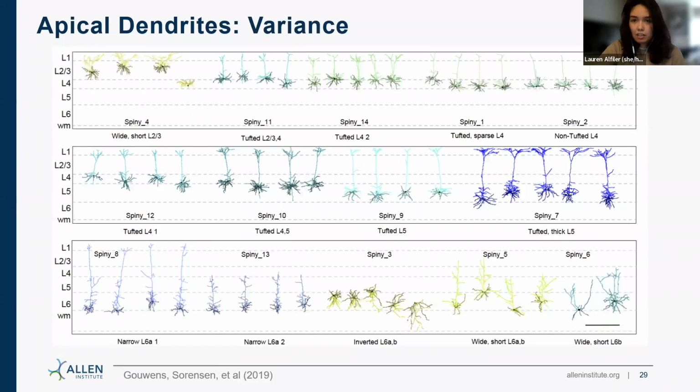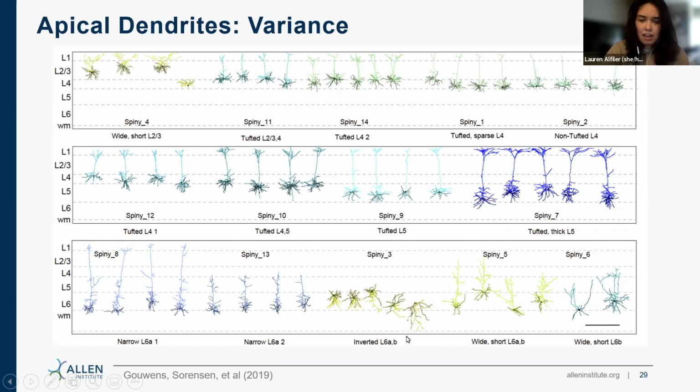With its study, though, there's huge variance. This image right here is from Stacy's paper back in 2019. You can see the common feature for most of these cells: a long branch reaching towards layer 1. But you don't have to have a degree in neuroscience to see how different these apical dendrites look.